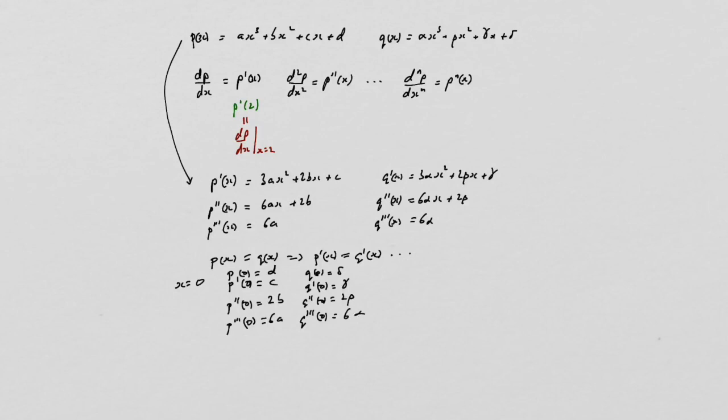And from these we can see that D must be equal to delta, and C must be equal to gamma, and B must be equal to beta, and A must be equal to alpha. And so if the polynomials are equal to each other, then their coefficients must also be equal to each other.